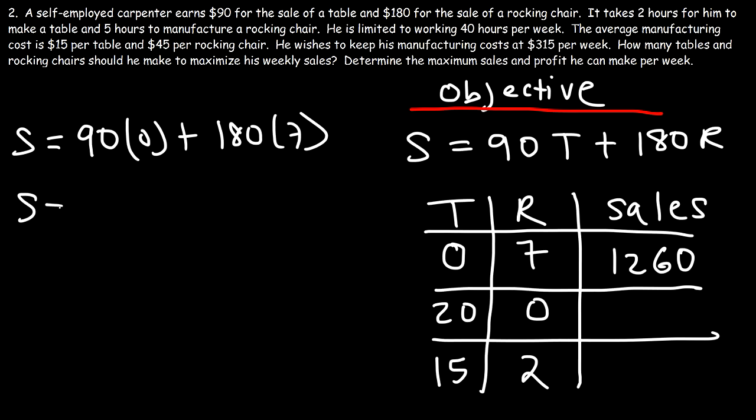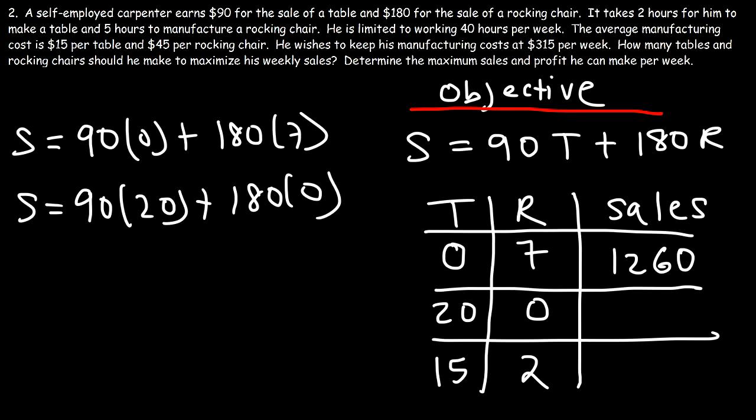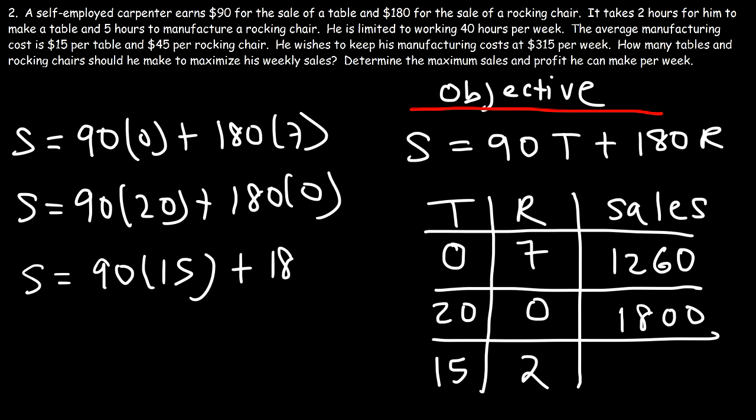Now for the next point, it's going to be 90 times 20 plus 180 times 0. And 90 times 20, that's 1800. And then for the last one, it's going to be 90 times 15 plus 180 times 2. And that comes out to be 1710.